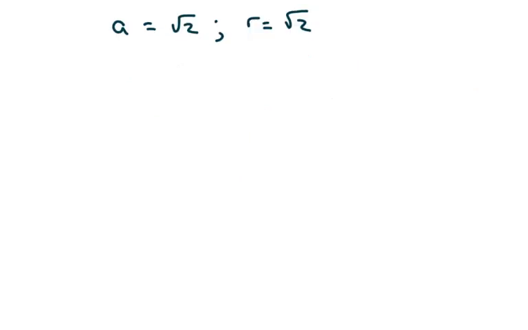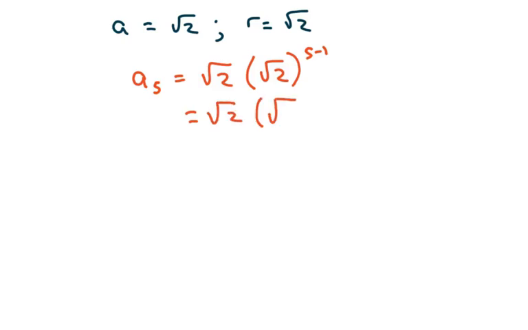And for this one, we have a sub 5 equals our first term, and then our common ratio to the 5 minus 1, which equals the square root of 2 times the square root of 2 to the 4th.